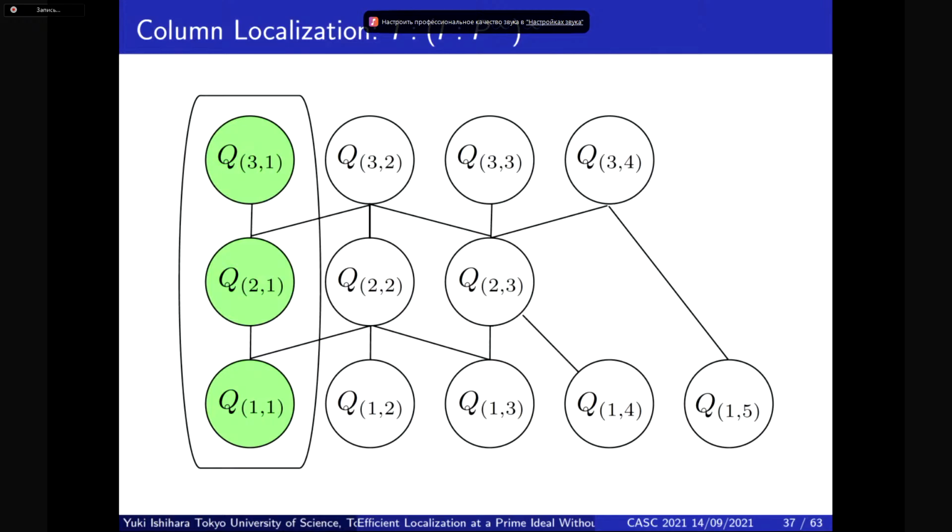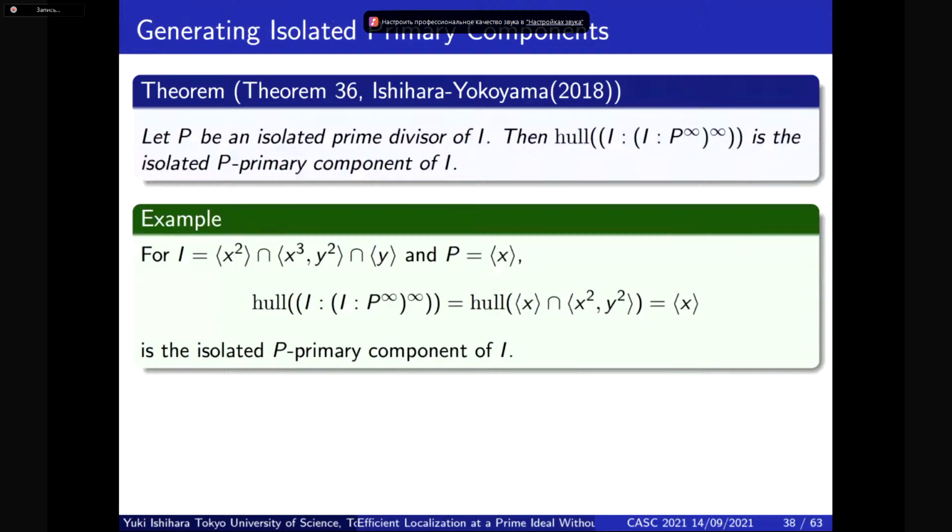Then combine them, and we can compute the particular isolated primary component of I, like this.